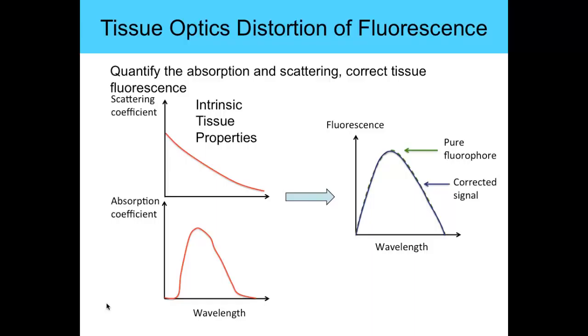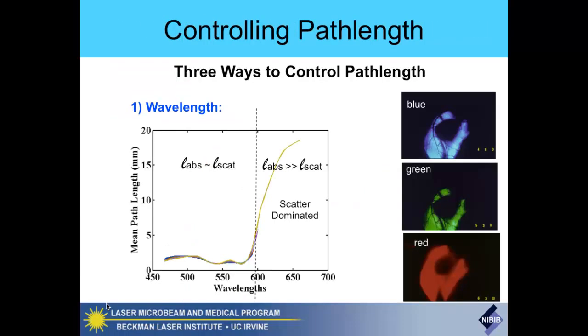And actually, all the computational methods that you guys are learning put you in a position where you can do exactly that. So path length, everything is about path length. And so I want to now go through a little bit of how we manipulate path length. So I'll give you an overview, and then Albert will get into more computational details on the actual impact of all of these phenomena. So the first way to manipulate path length is optical wavelength.